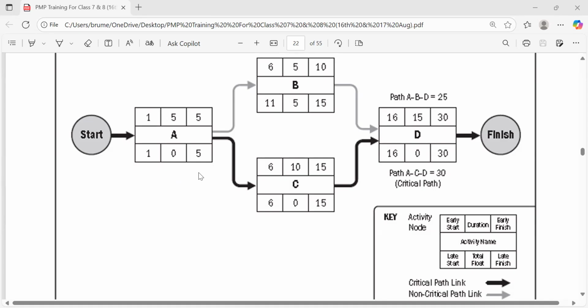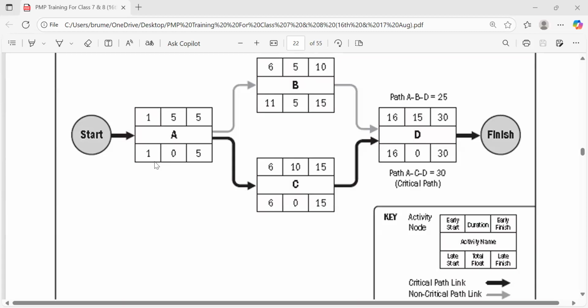So for A, you said the difference between the early start and the early finish would be 4. Okay. But now we need to juggle it in a way. Having understood that, let's go to early start and late start. Early start is 1 and late start is 1. So what will be the difference?